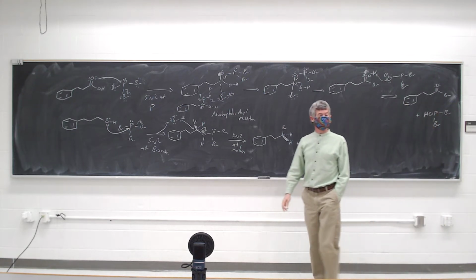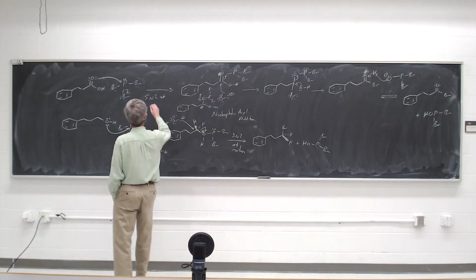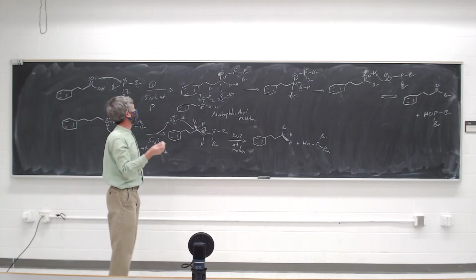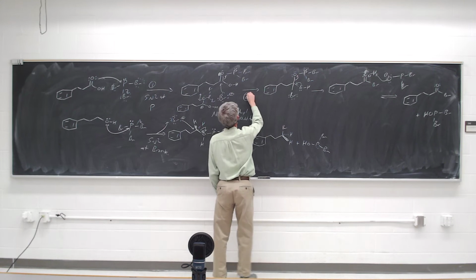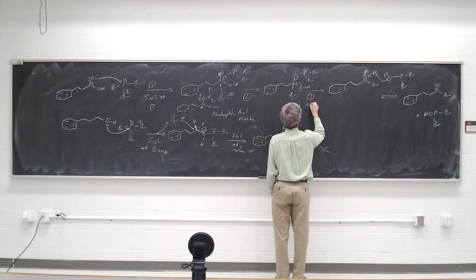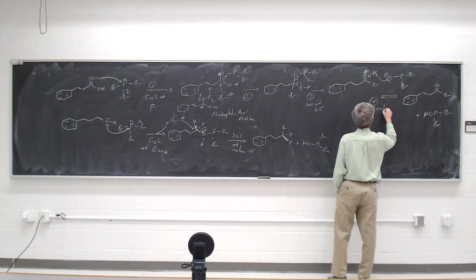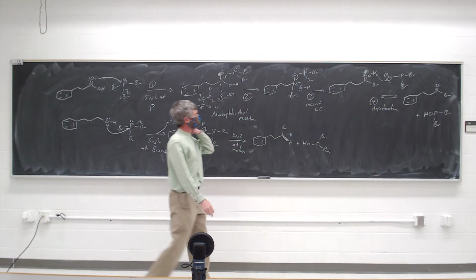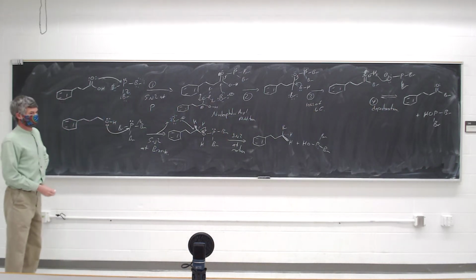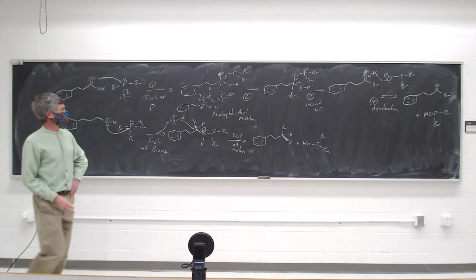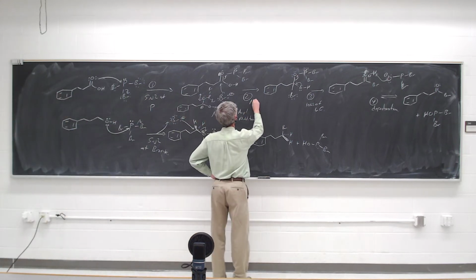So it's 4 steps instead of 2, because it's happening at an sp2 hybridized carbon. But it's an SN2 reaction at phosphorus, a nucleophilic attack in step 2.